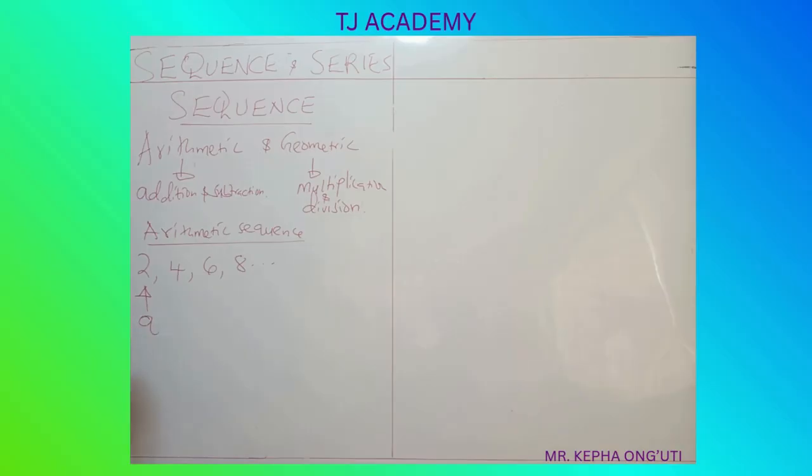For the difference, 4 minus 2, which is the second term minus the first term, we have what we call the common difference, which is 2.